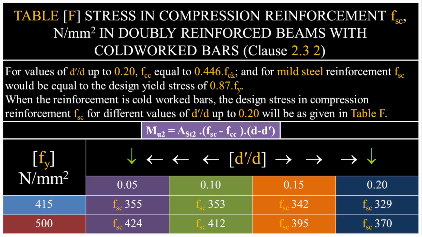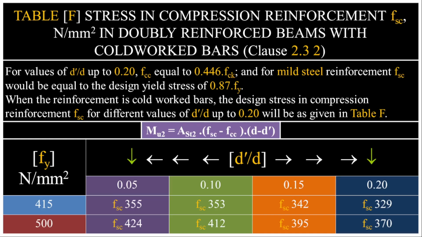Let's examine the values within the table. For a yield strength of 415 Newton per square millimeter, at d'/d equals 0.05, fsc is 355. At d'/d equals 0.10, fsc is 353. At d'/d equals 0.15, fsc is 342.